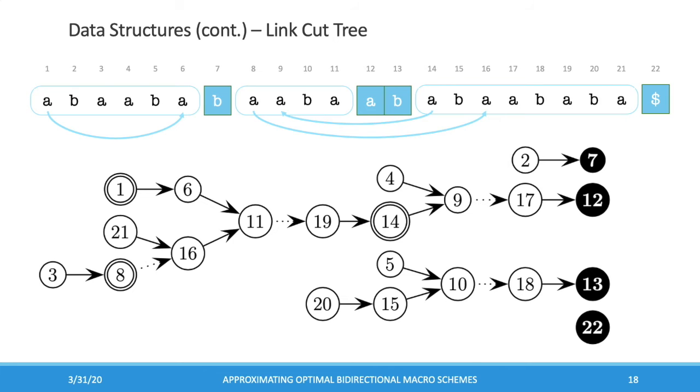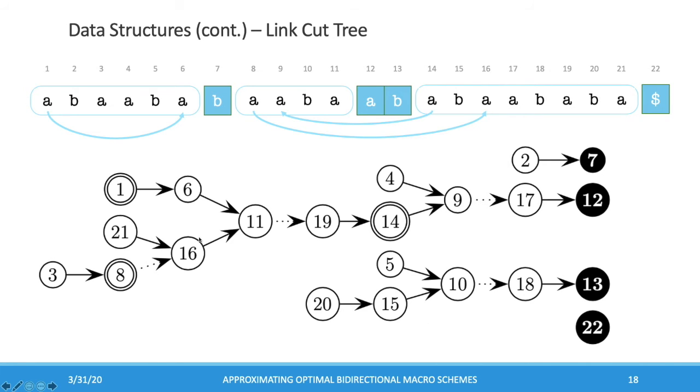For example, we have this macro scheme, and now we have the linked tree structure that represents the paths of this macro scheme. So the roots of each tree are the explicit letters, B, A, B, in this case at positions 7, 12, 13, and 22.